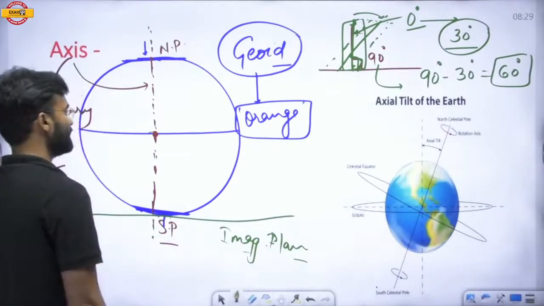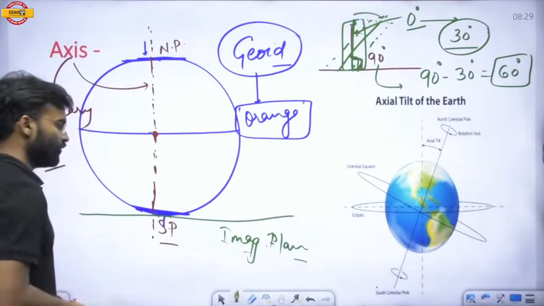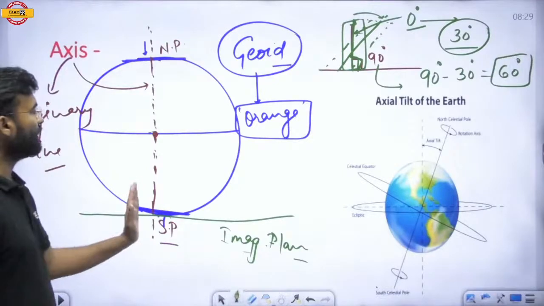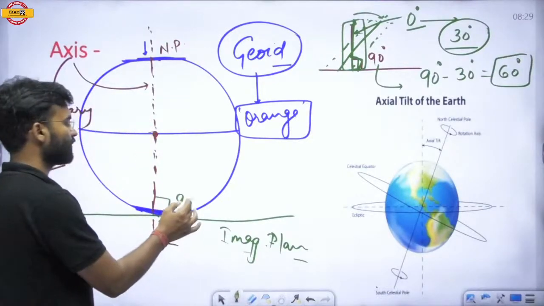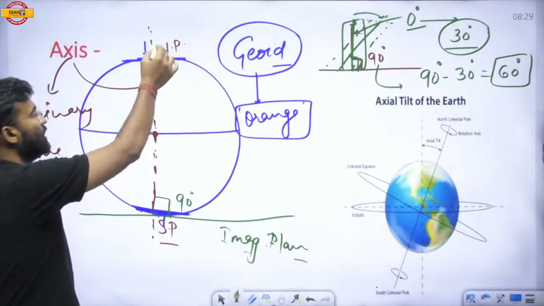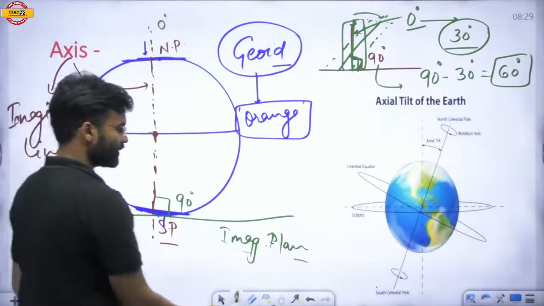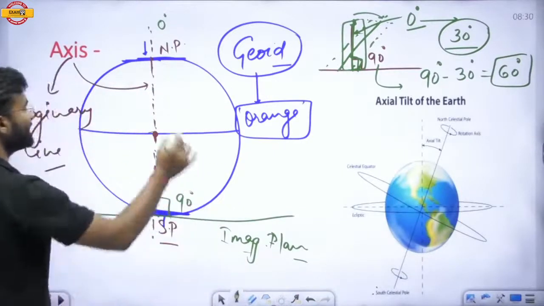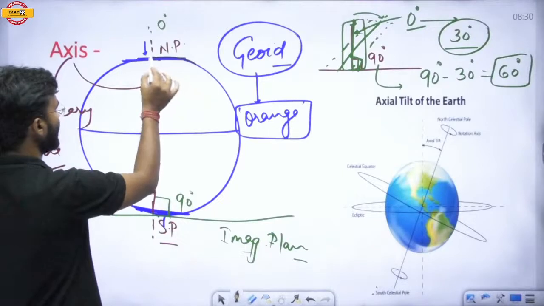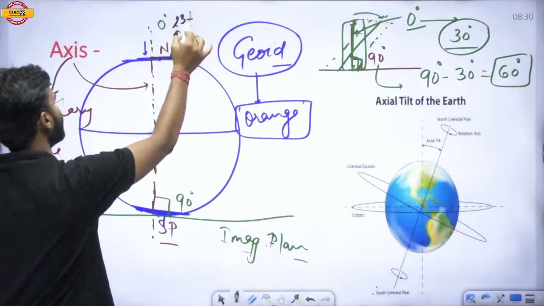If our earth was located on the imaginary plane in a straight direction, then the angle would be 90 degrees, and the angle on the axis would be 0 degrees. But actually it is not true. Our earth is tilted by 23.5 degrees.